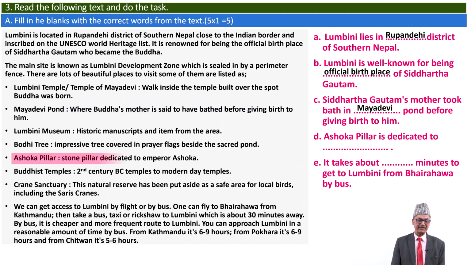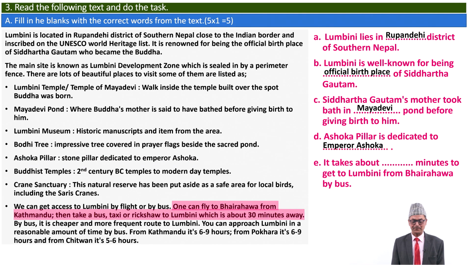The fourth one, D. Where is the information? Ashoka pillar, stone pillar dedicated to Emperor Ashoka. So, you know the answer, Emperor Ashoka. Then next, where is the information? One can fly to Bhairava. You read that.